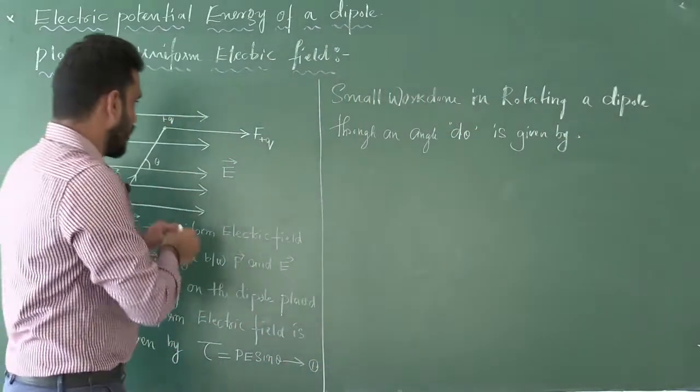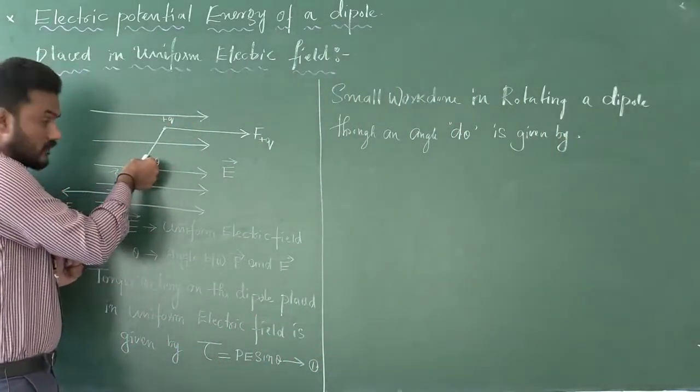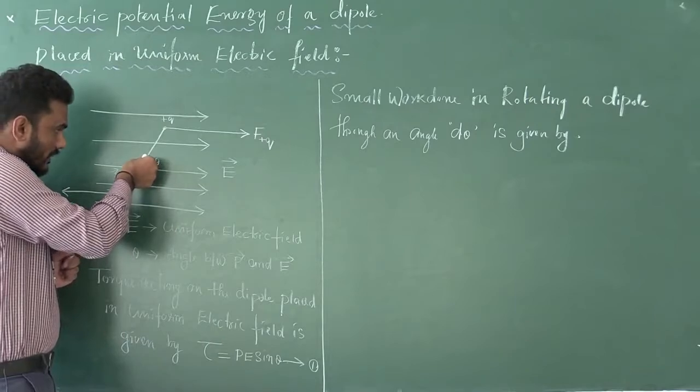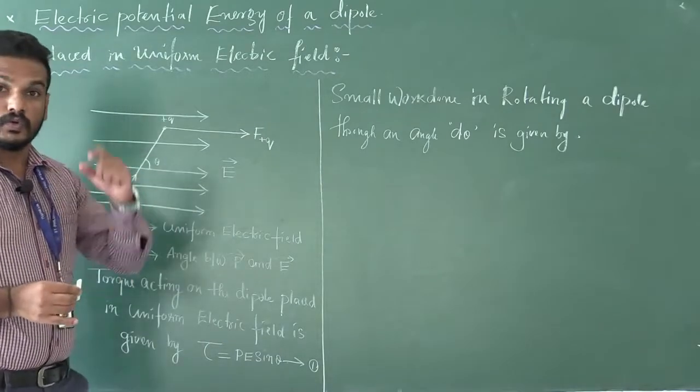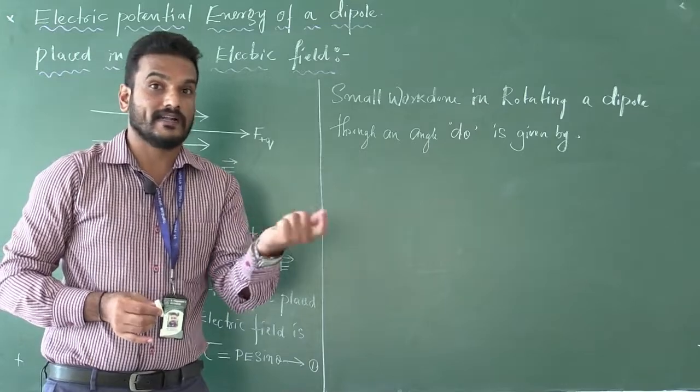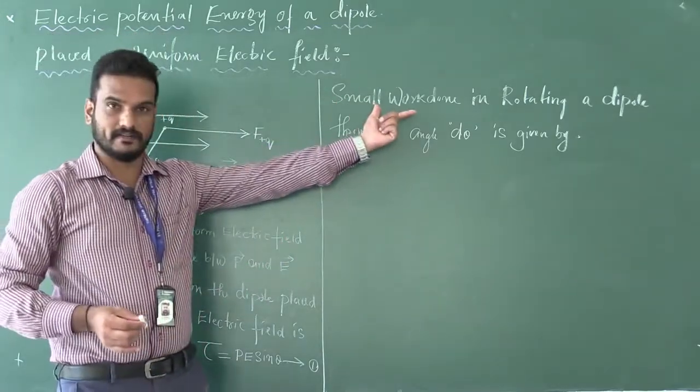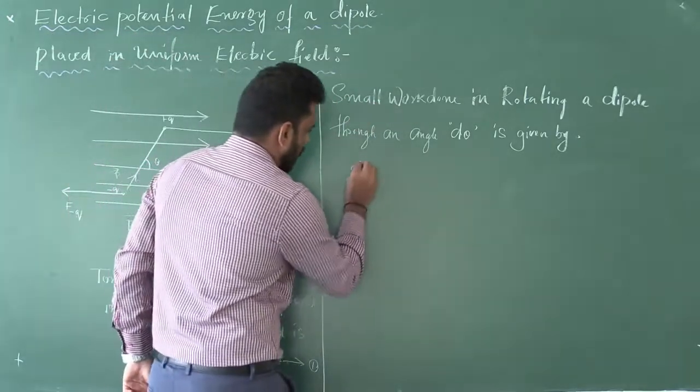So what I am doing? Just I am rotating the dipole through a small angle d theta. To rotate a dipole through a small angle d theta, work done is needed. So let us calculate the work done.